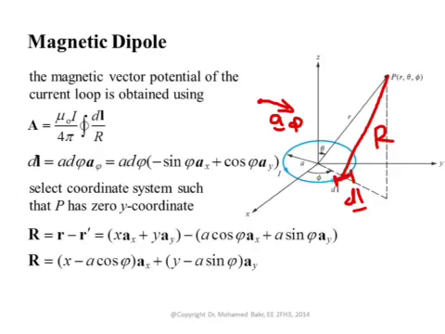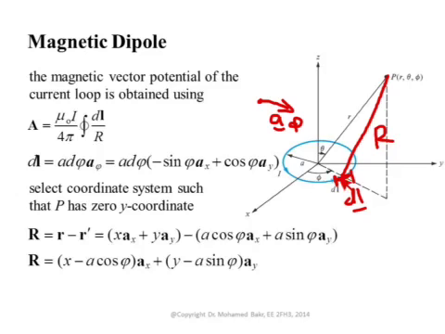Vector r is the vector pointing from a point on the wire to the observation point, and its length is what we need here. And a word of warning: this length r is a function of phi, because here there is a certain r, while here there is a different r. So it's not independent of phi. So you cannot say that here I'm integrating sine phi is going to give me 0, cosine phi will give me 0, because r is also a function of phi.